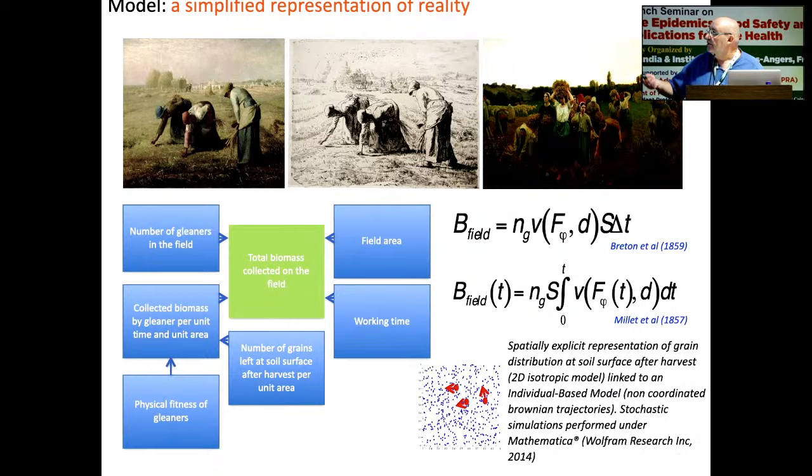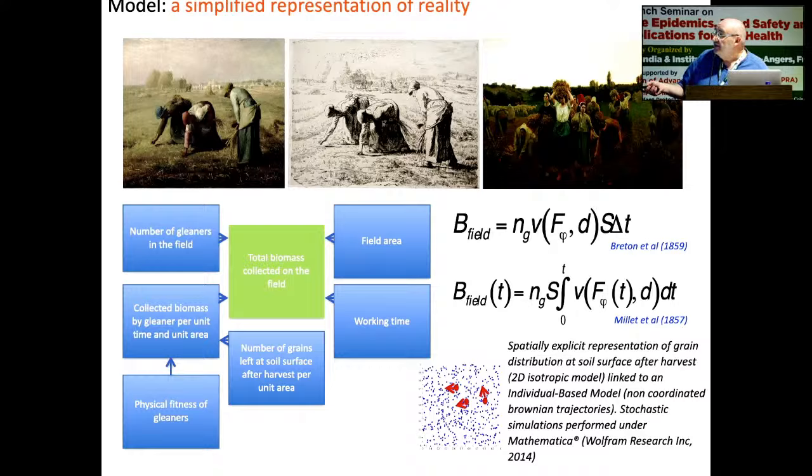And why not? We can have fun. A third example, I can decide to design a spatially explicit representation of the grain distribution. So it's the blue dots in the field here. And so if there is no spatial distribution, I can call that a 2-dimensional isotropic model.